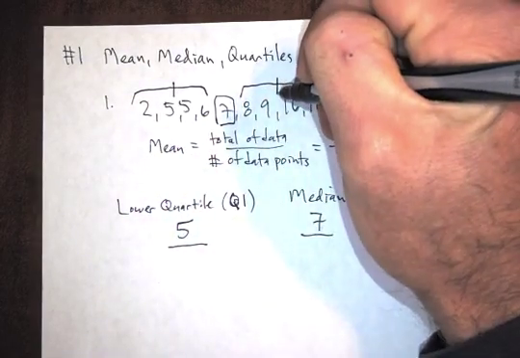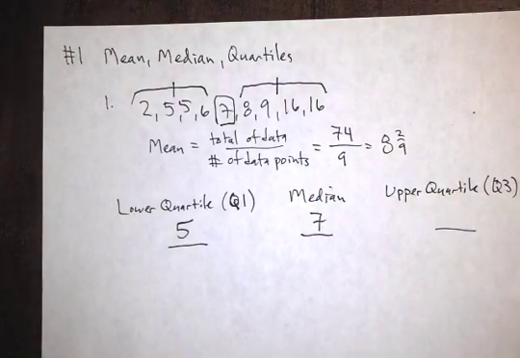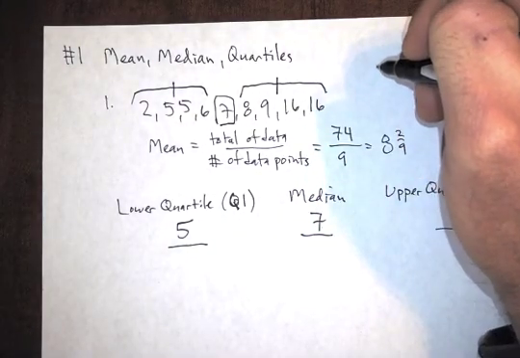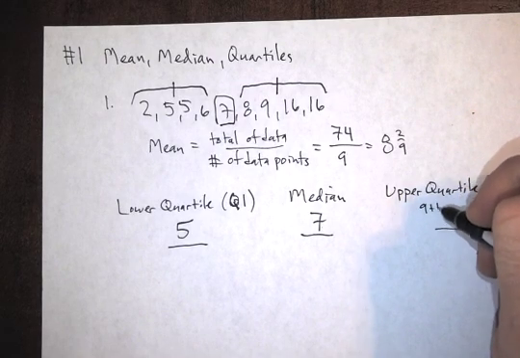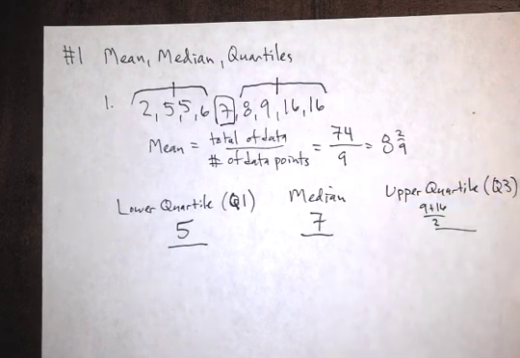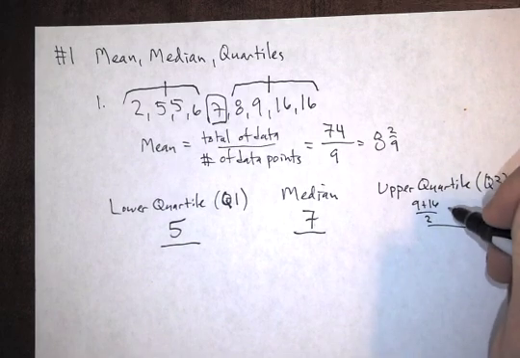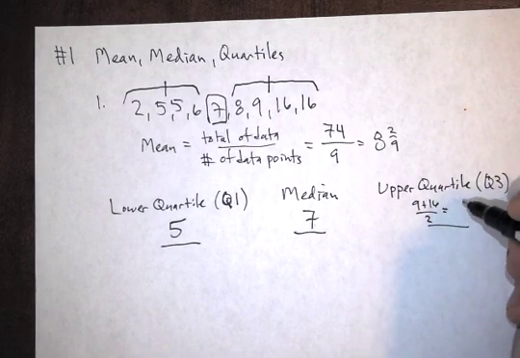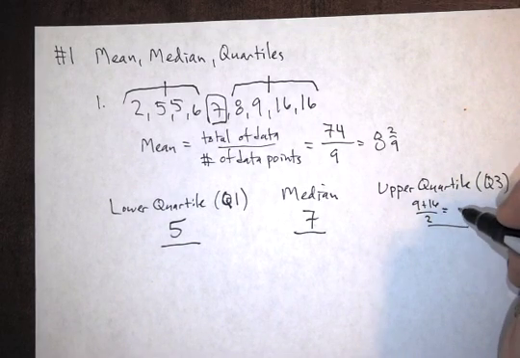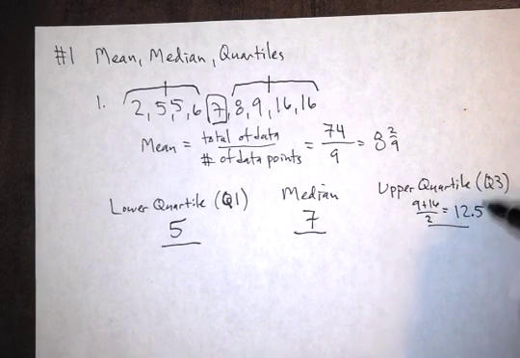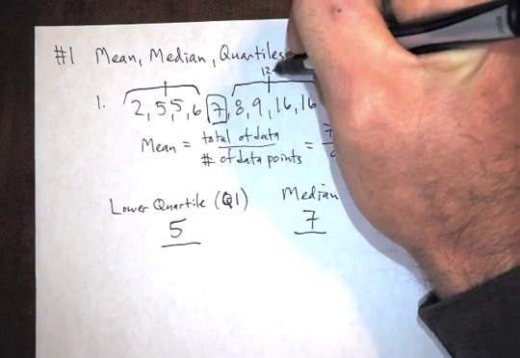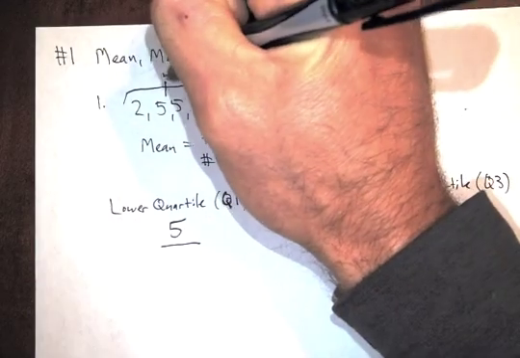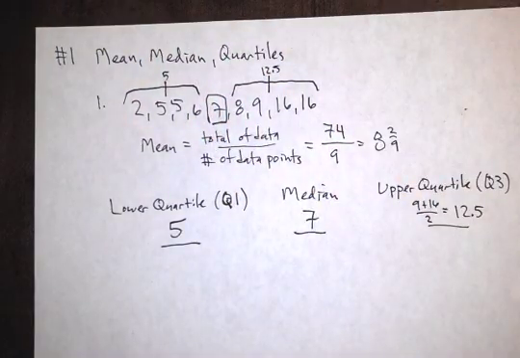In the upper half, the middle is between 9 and 16. To get this, I'm going to find the middle between 9 and 16. One way to do that is add them up and divide by 2. So 25 divided by 2 is 12.5. In other words, halfway between 9 and 16 is 12.5. And here's 5, because it's halfway between 5 and 5.